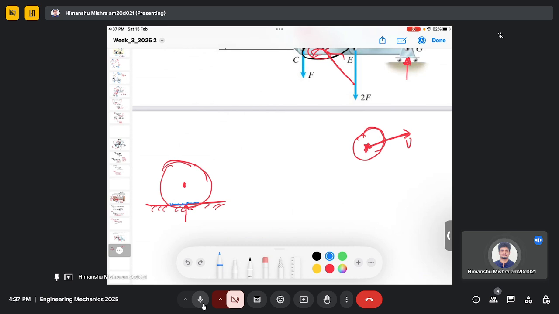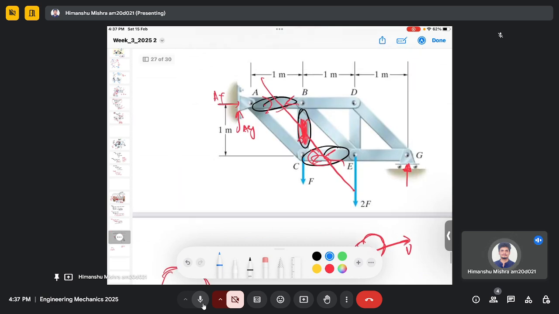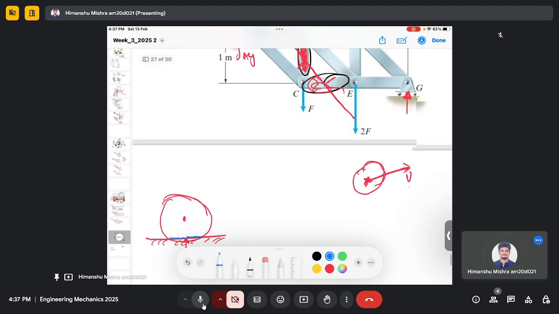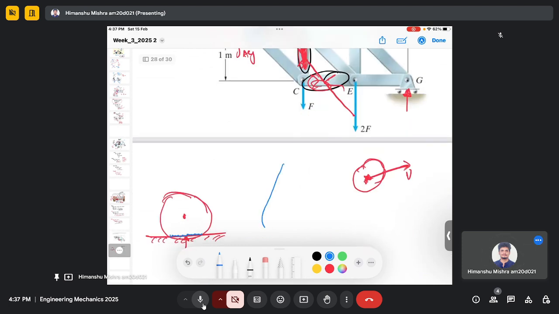That can also be true for this kind of pin joint, because if you zoom into this pin joint, here also there is a distribution of forces which is acting.